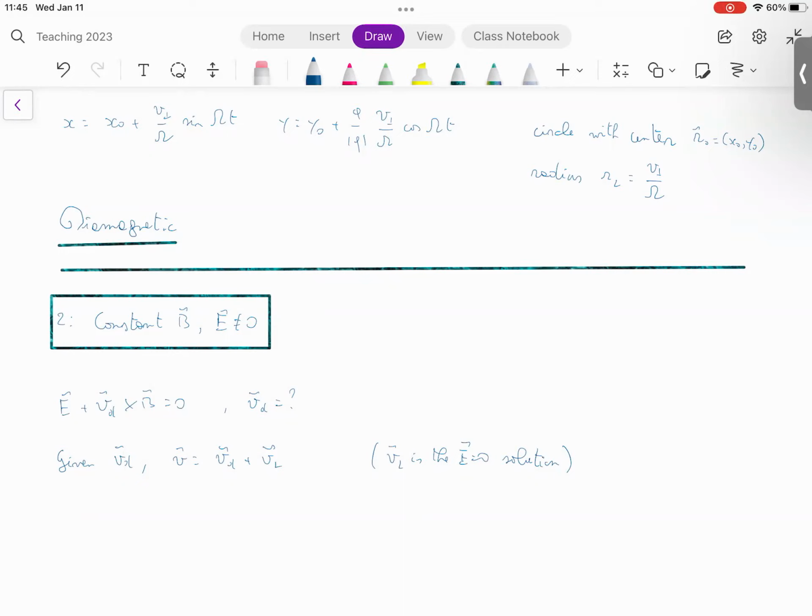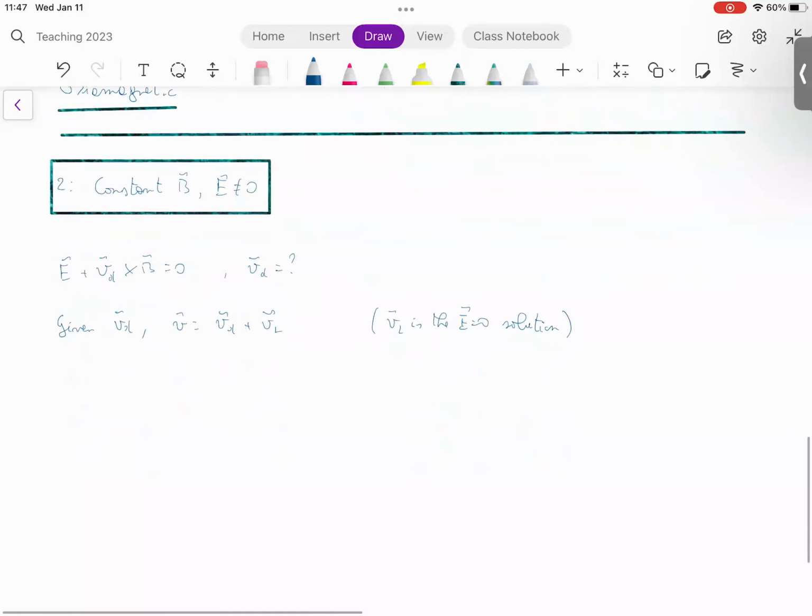Okay, well, let's see if we can find a solution for this equation, or in any way. In order to do that, I'm going to use a simple trick.